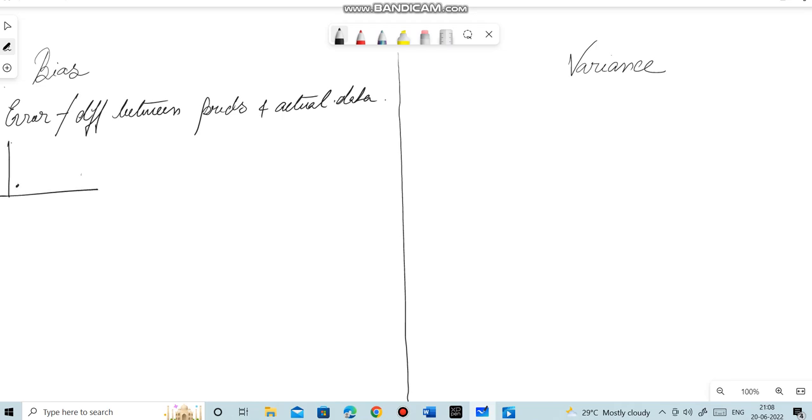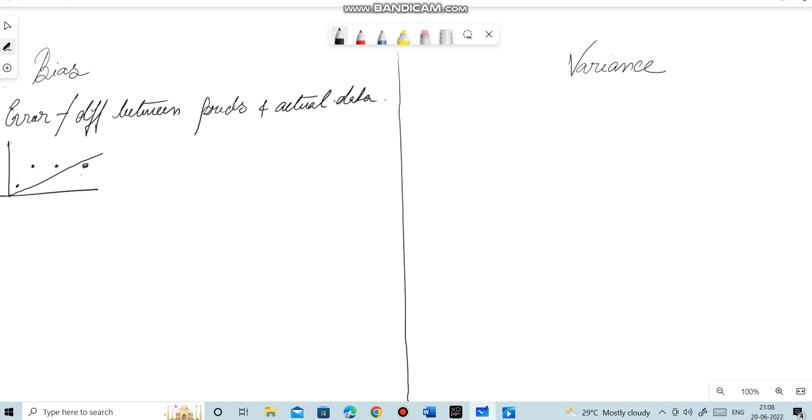Suppose we have data points spread across like this, and we try to train a linear regression model on these data points, and say the regression line looks like this. Now we see that our regression model is unable to understand the data well and is not able to mimic the data.